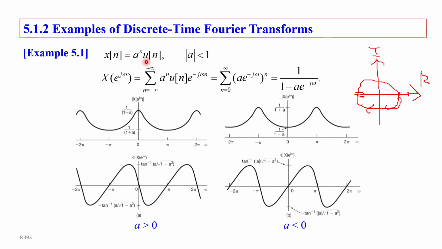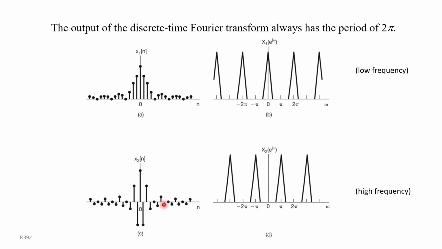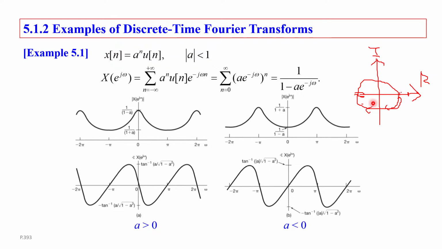And if a is negative, then this thing is going to be positive, negative, positive, negative decay, and that's actually seen as a very high frequency signal. The calculation is easy, but there are some things you can interpret here.